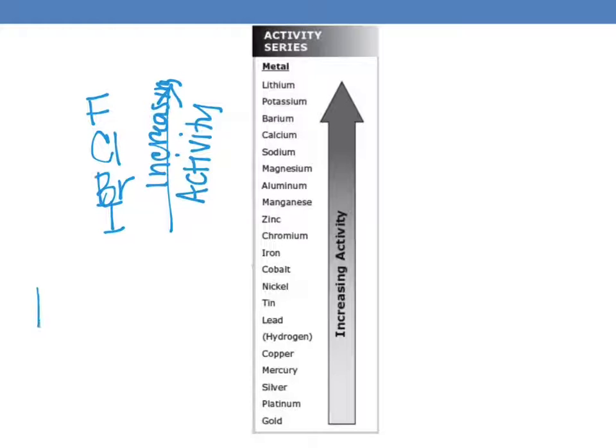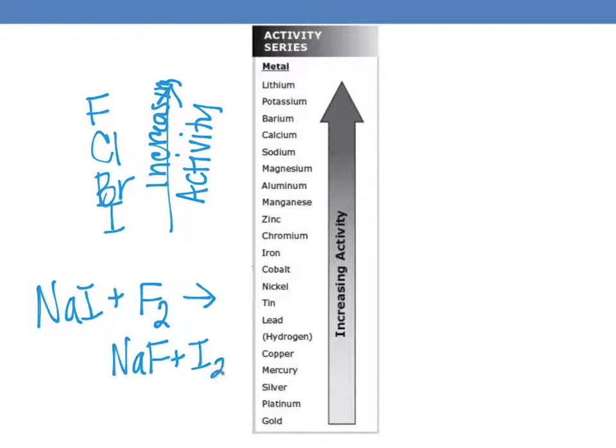So if I had NaI and I react it with fluorine, will that reaction occur? Who does fluorine want to replace? It's a nonmetal, so it wants to replace I. Will that reaction happen? Yes, fluorine can kick out I. So when fluorine kicks out I, we get NaF and I2.